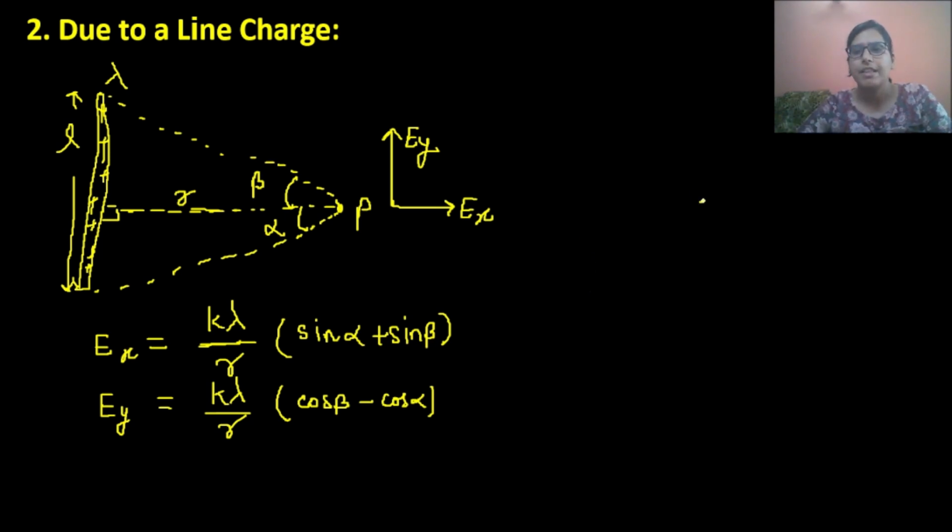So Ex will be in this direction, in this direction only for positive charge. For negative charge, it will reverse. And Ey will be calculated from this. If this is positive, then the electric field will be in this direction, and if it is negative, then the electric field direction will be opposite to this direction, right? So the total electric field will be like this. So remember these two formulas.